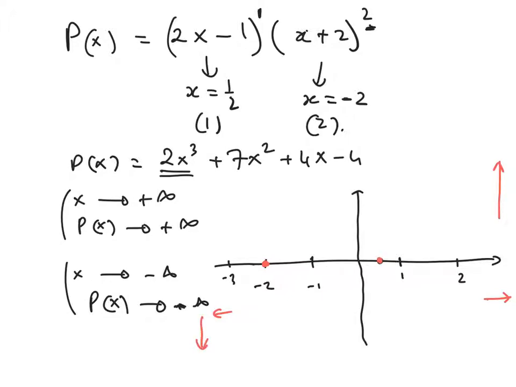Now there is also a point that we can find, the y-intercept. The y-intercept is found by putting x equal to 0. P of 0 can be easily calculated and found to be -4. So we go here. This is our y-intercept -4.